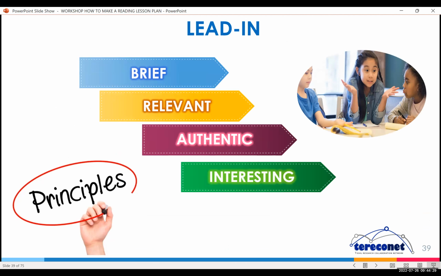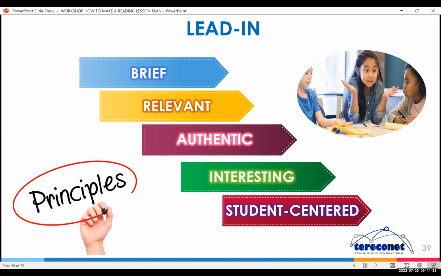It should be interesting so that they want to join the activity. And again, it should be student-centered, so that you can achieve the purpose of arousing the students' interest or boosting the atmosphere of the class.